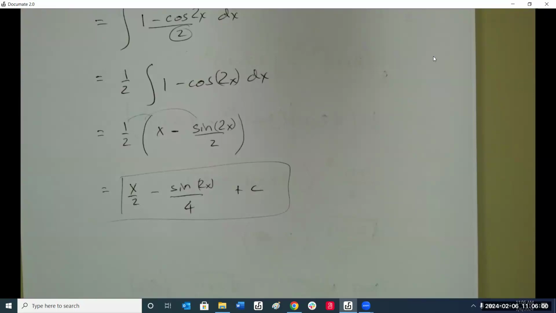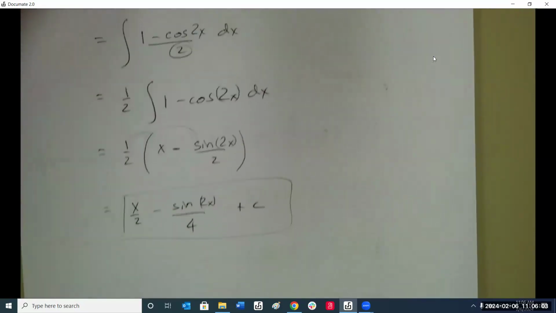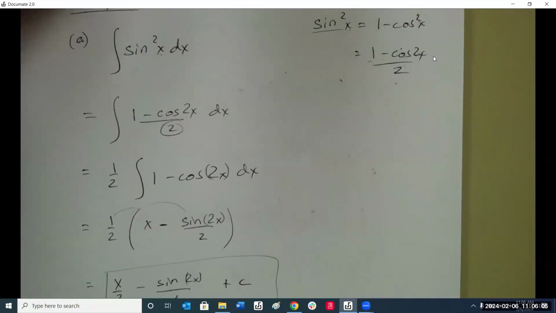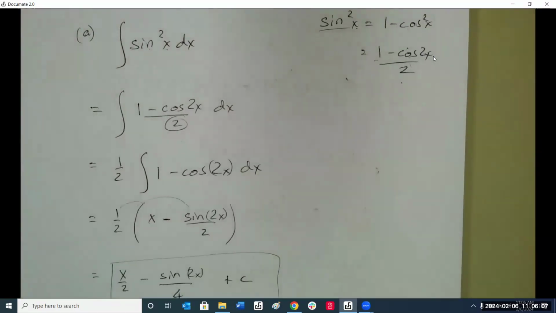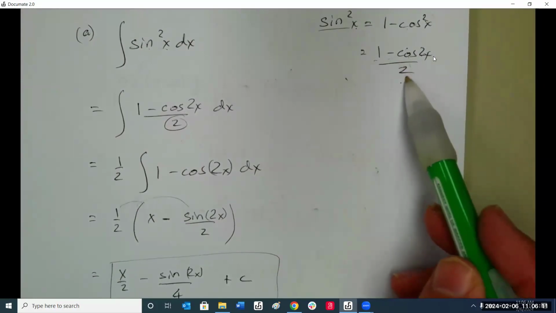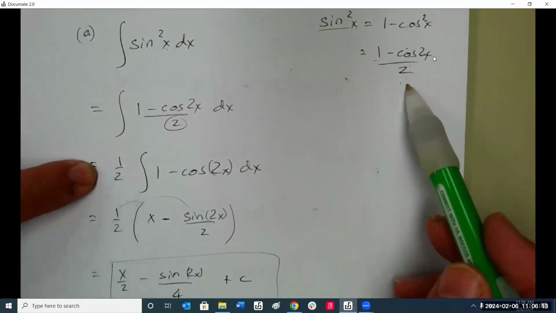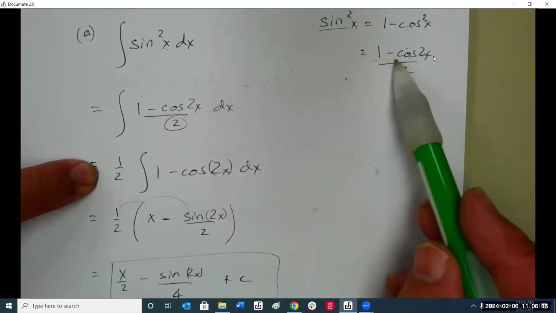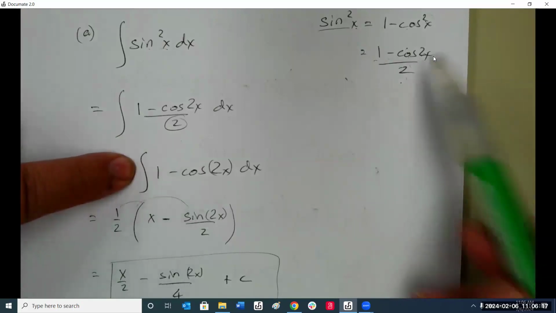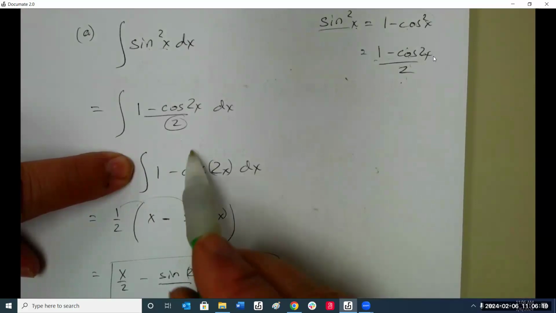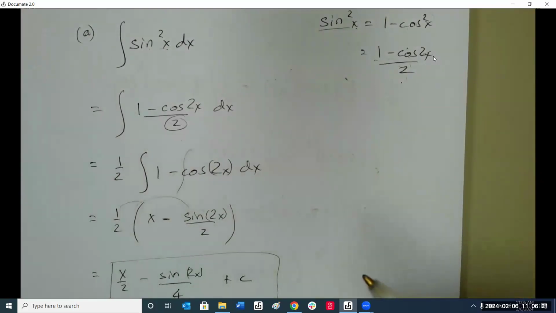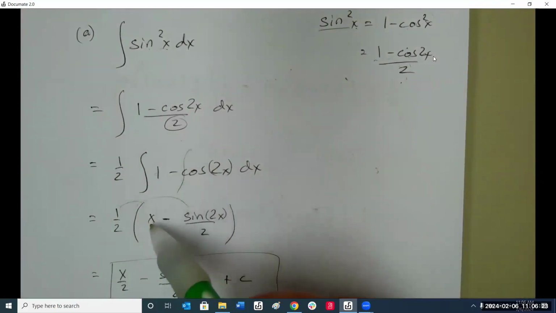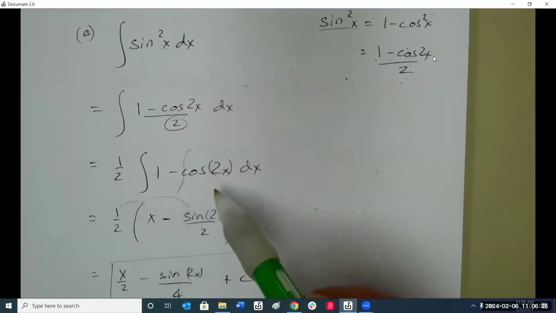Oh, can you go up a little bit? So I'm doing this one. I take the 1/2 out in front, so I just have 1 minus cosine 2x. And I can take the integral of both of these separately. The integral of 1 is x. The integral of cosine is sine.